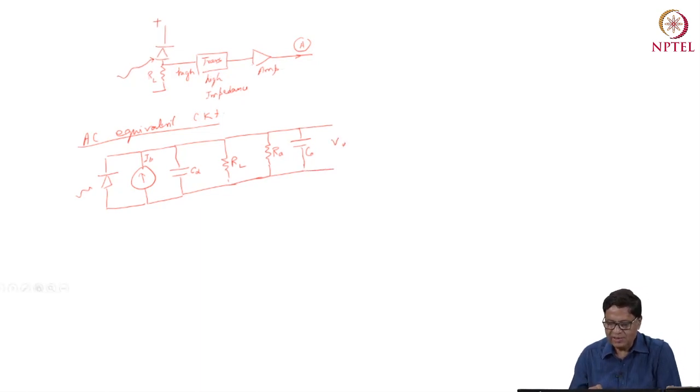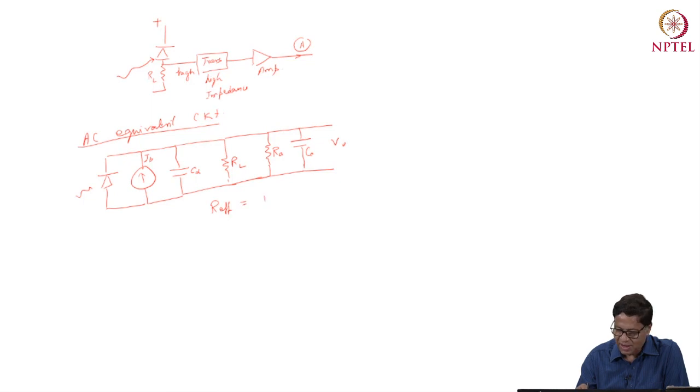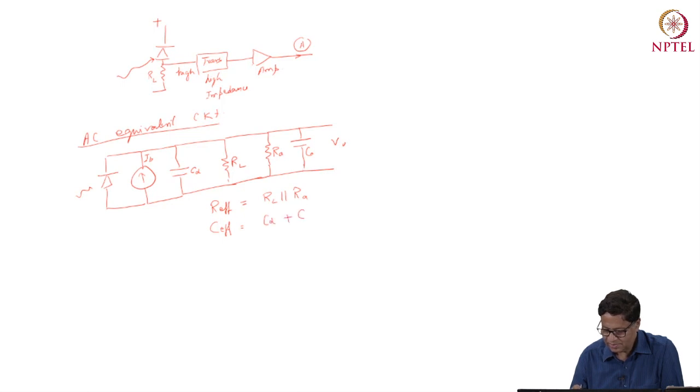So this is the equivalent circuit, which includes the capacitance of the diode, the load, and the RC values of the amplifier. If I calculate the R effective, it will be RL parallel RA, and C effective is CD plus CA. The total time constant will be R effective into C effective.